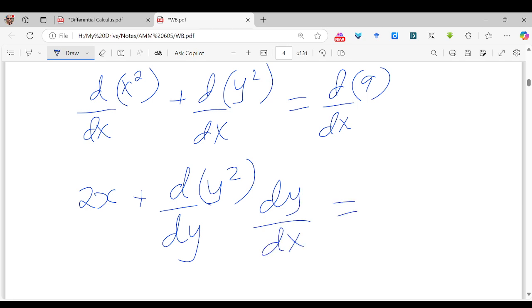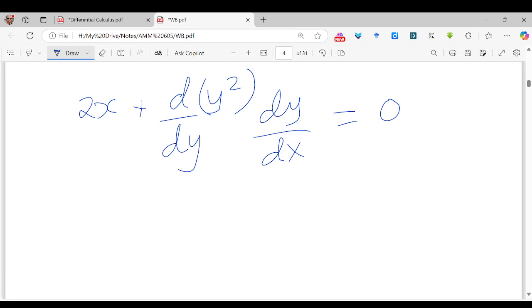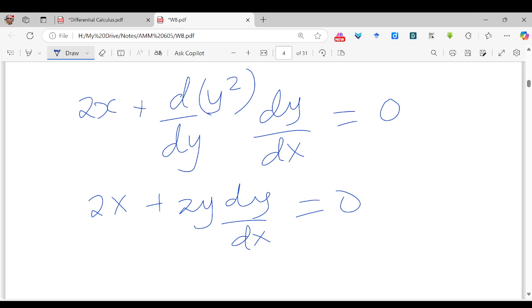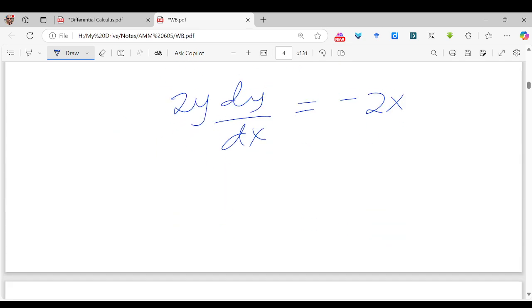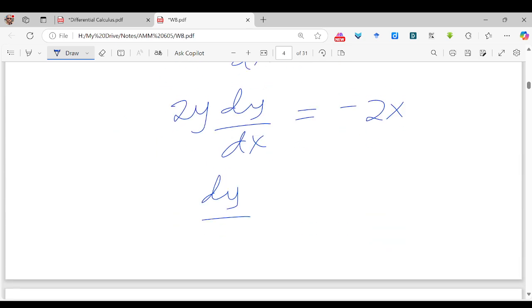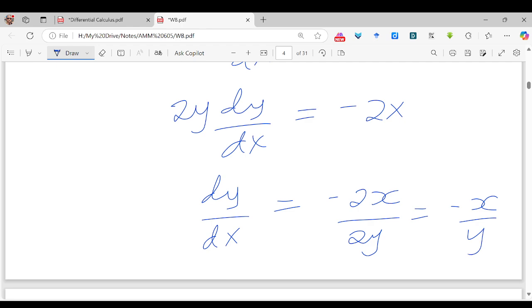Then on the other side, the derivative of a constant is 0. So in this case we get 2x plus 2y dy/dx is equal to 0, or 2y dy/dx is equal to minus 2x, and therefore dy/dx can be obtained by dividing both sides by 2y, which will give us minus x divided by y.